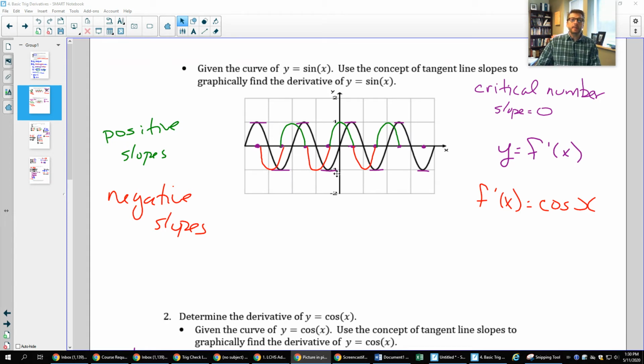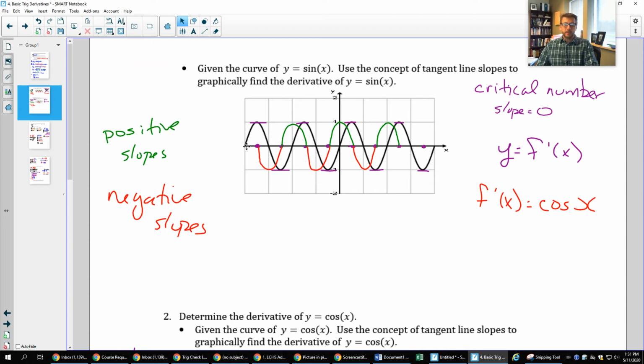Then we go back to our graphing chapter. If your function's decreasing, you've got negative slopes. So when I go from a 0 slope to the next 0 slope, this area is saying that all my slopes are negative because my function is decreasing. From this point going up, all my slopes are positive. I keep that pattern going: negative slopes, positive slopes, negative slopes, positive slopes.